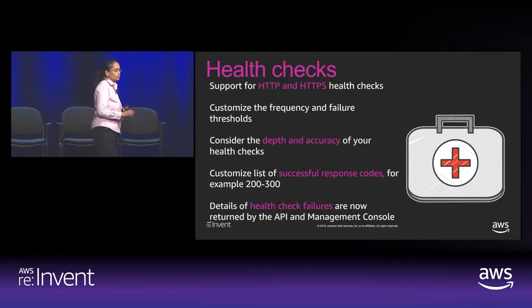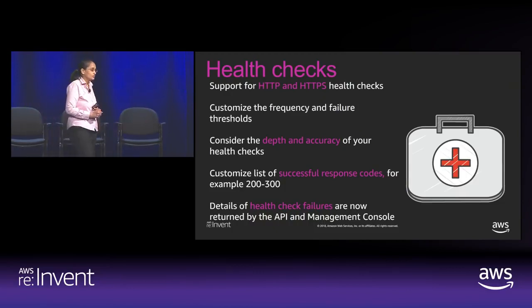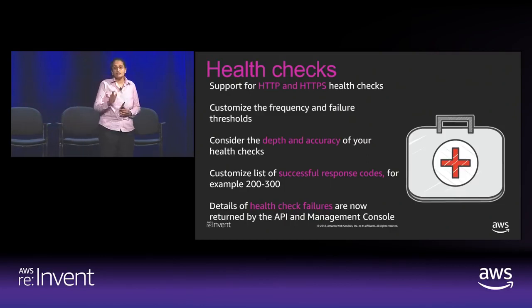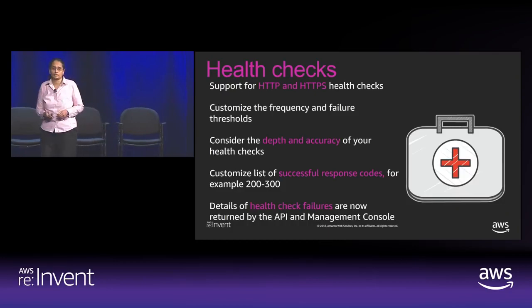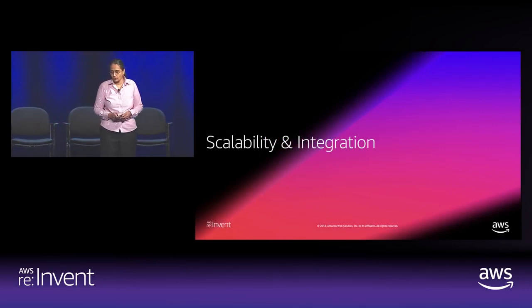Generally, we recommend not going very deep in configuring your health checks. One other enhancement we made is that you can customize the error response you get back when you fail those health checks. And the reasons for the health check failure are now shown on the console. This is one of the pain points we got a lot of support cases for.